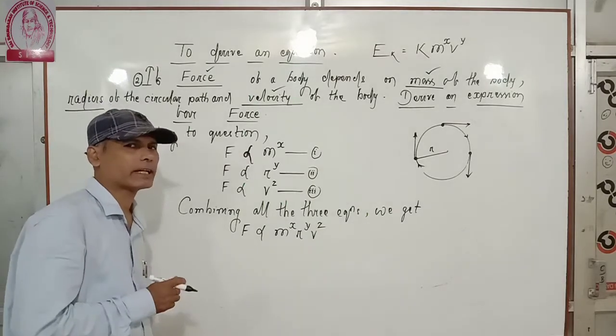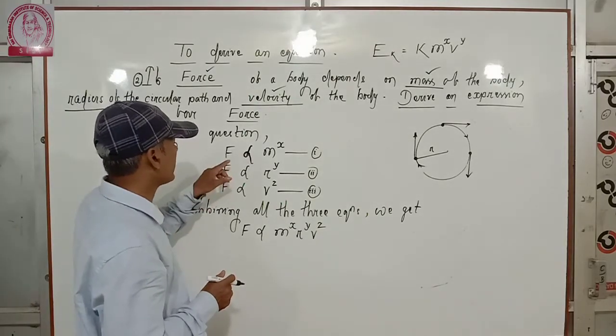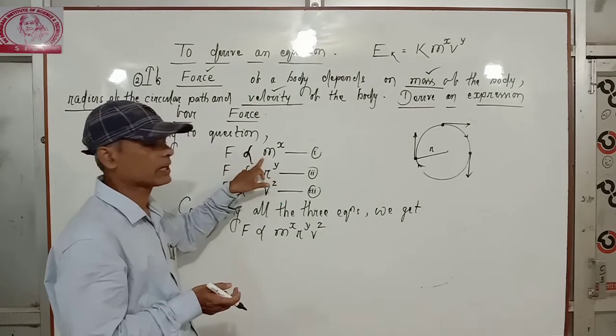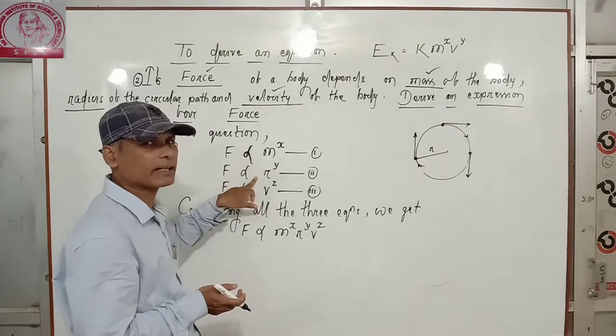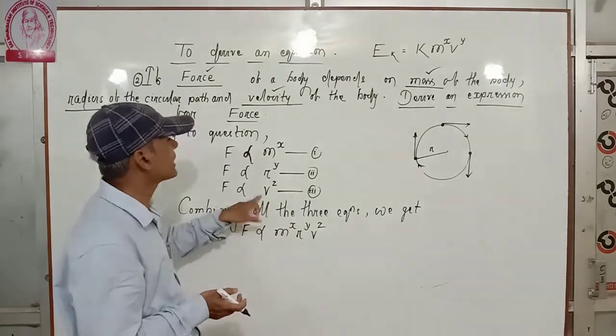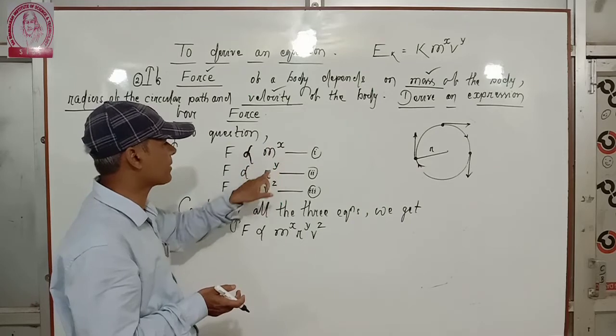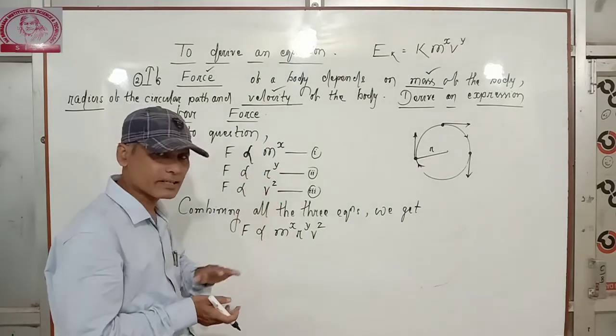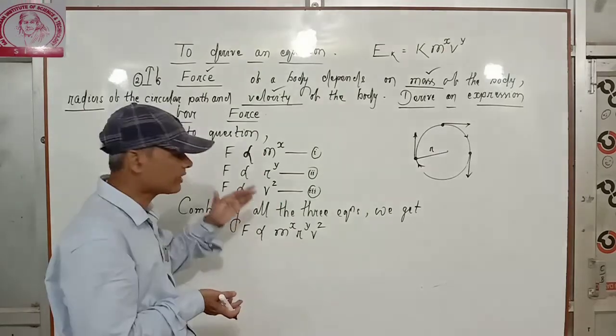One thing I want to tell you: in the first case you have taken m, in the second equation you have taken r, in the third equation you have taken v, and the power of m is x, power of r is y, and power of v is z, in a systematic way.